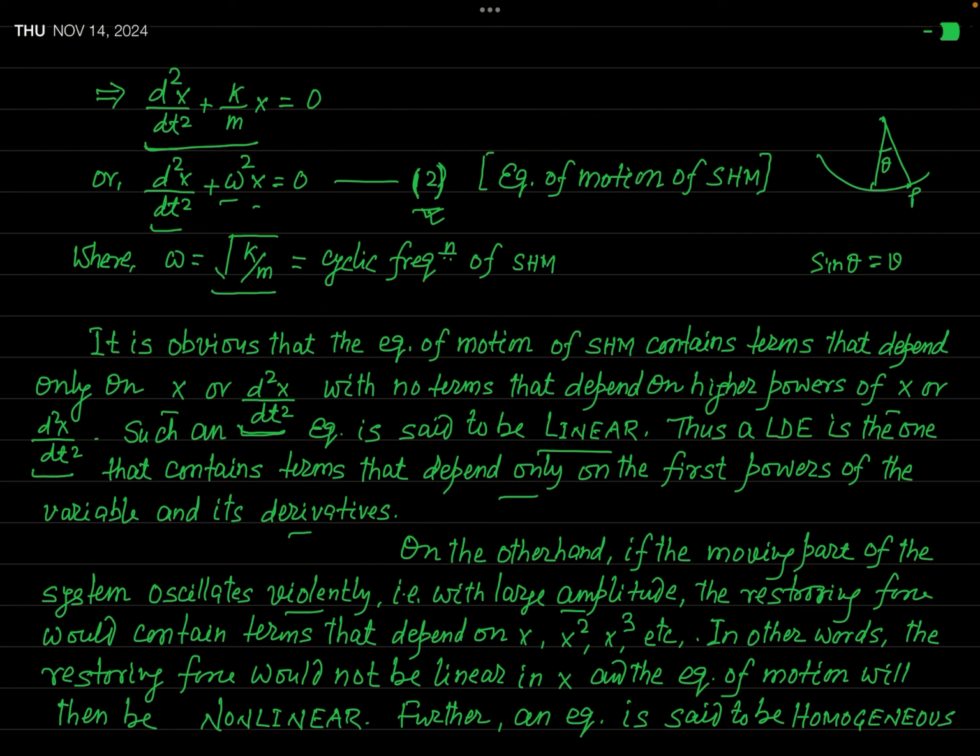Then, in case of a small oscillation of this simple pendulum, you consider theta very small, almost equal to 2 degree, 3 degree, 1 degree or 4 degree. And in that condition, you take sin theta equal to theta. But let us consider theta equal to 60 degree or 80 degree. Can you take sin theta equal to theta?